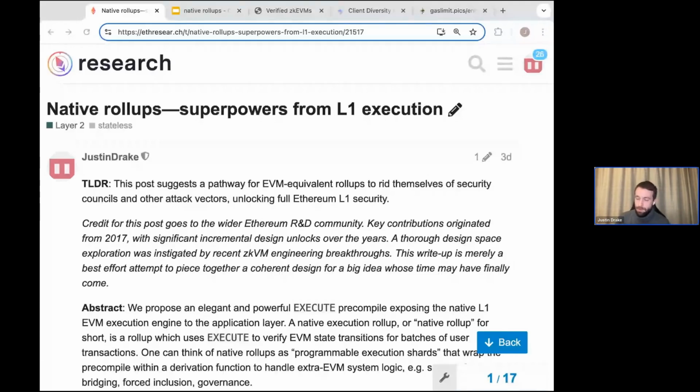So they would need to use their governance powers, whether that's a security council or a token governance, in order to swap out their logic and update their smart contract.